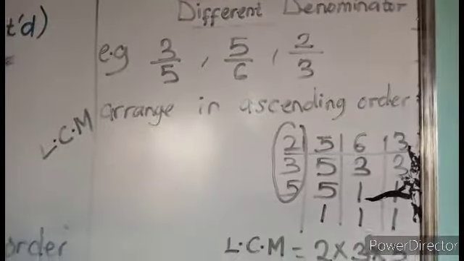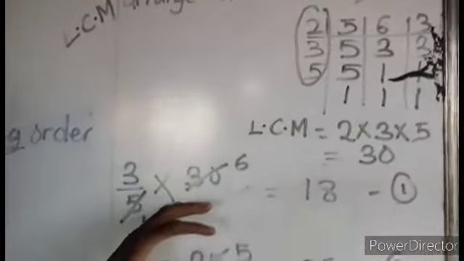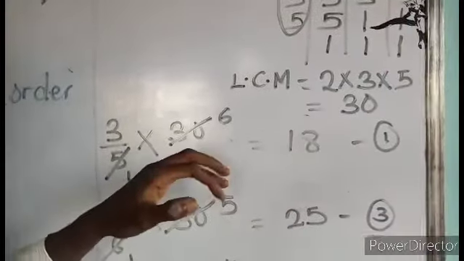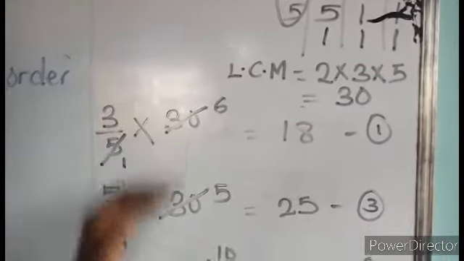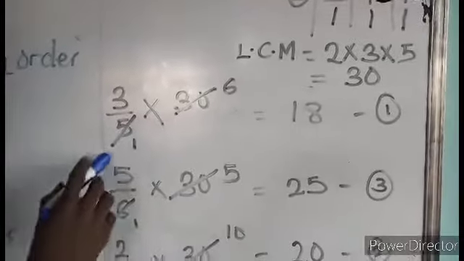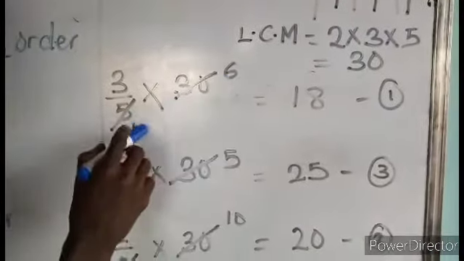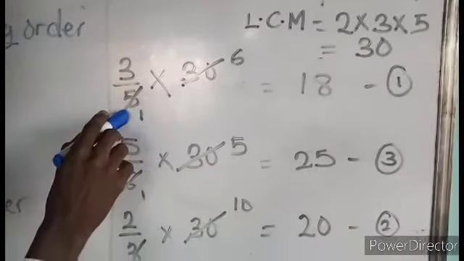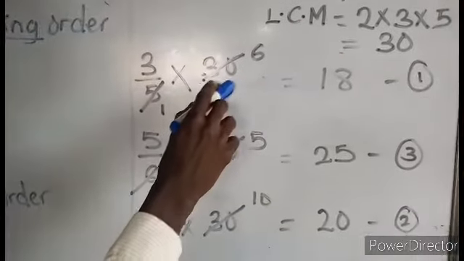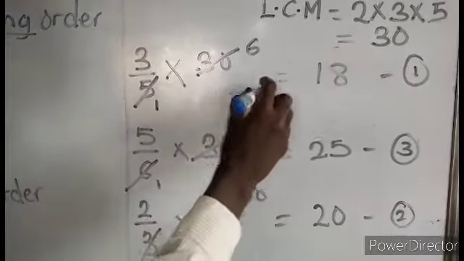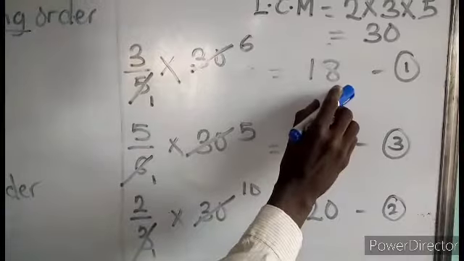After that, multiply each fraction with the LCM you got, then divide each with the denominator of the fraction as we've done here. So that should give us the whole number.